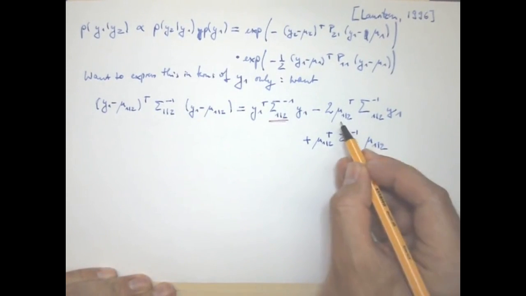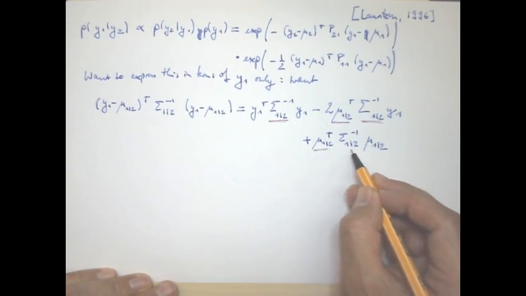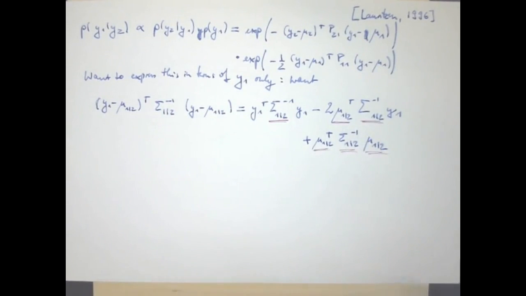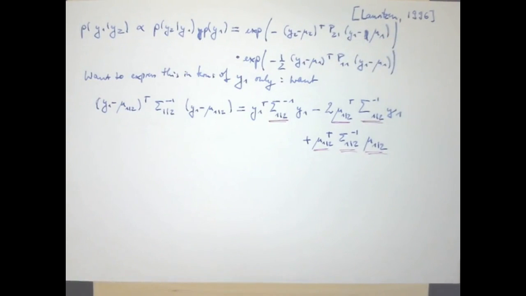I want to find out what they are. So this was just in stylized form, and I want to now compare this to the top row here. And I'm starting with the term that is linear in y1.